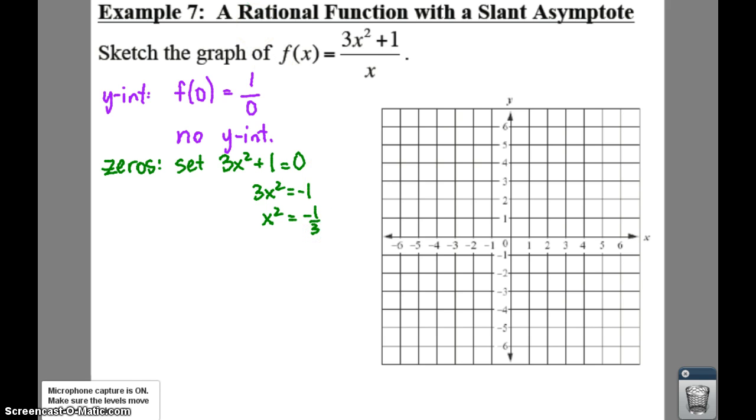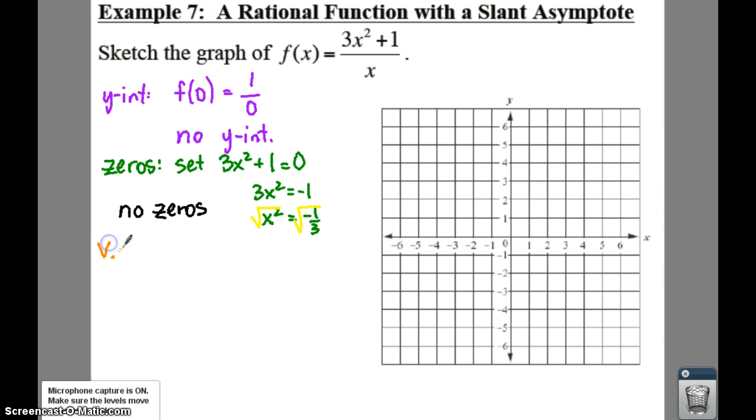And if we're going to take a square root of something, square root of a negative number, not going to happen. So we also have no zeros. What is going on here? I don't know. Let's just keep plugging along anyway. I mean, I can't imagine I'm doing this wrong.